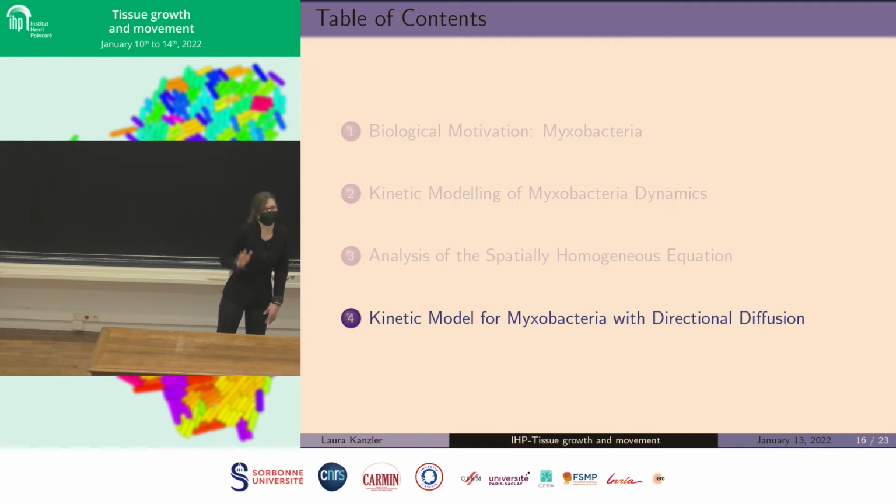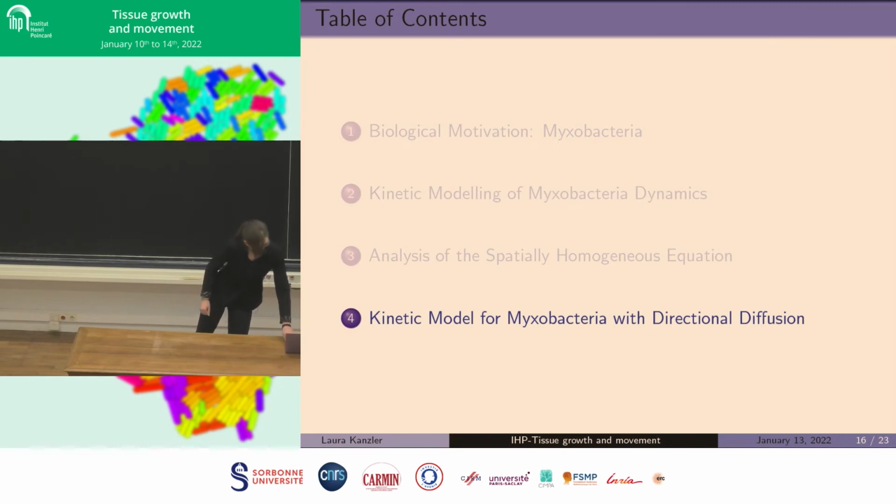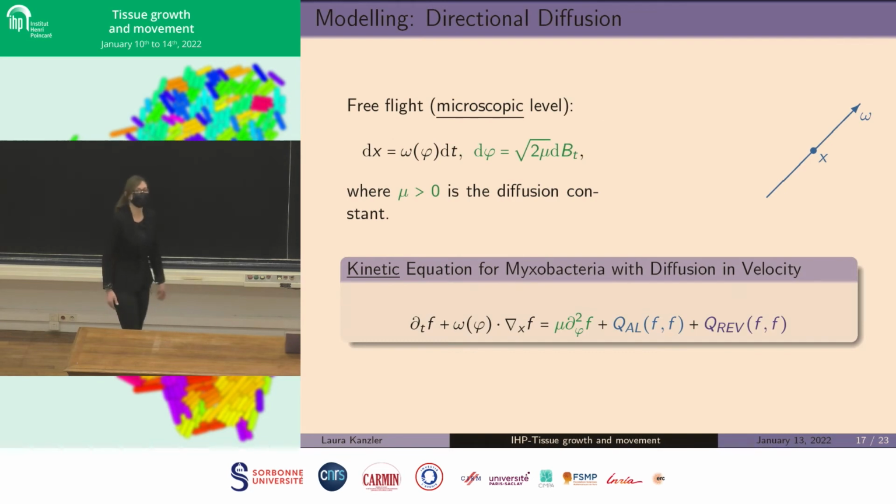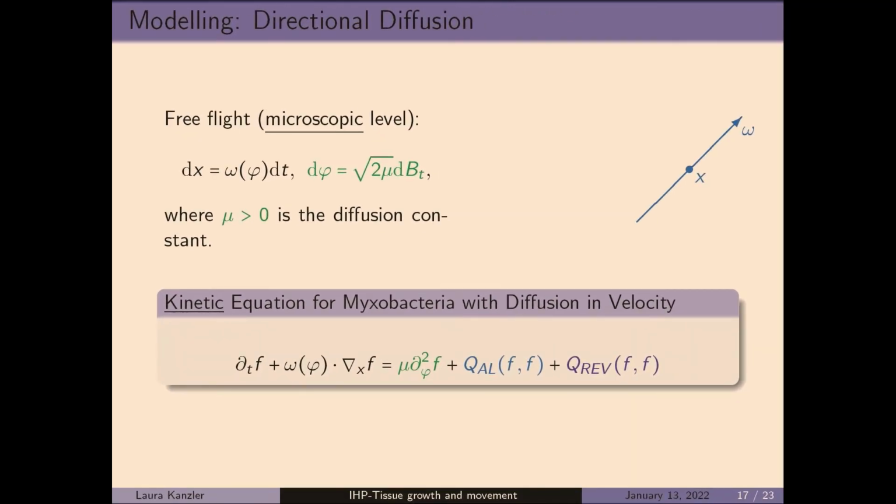Depending on how much time I have, sorry, because of this inconvenience, I'm not really sure, but I will just quickly say something about it. We also considered the model with additional directional diffusion. Meaning, if we go back to the individual-based dynamics, a bacterium in its free flight phase still changes position according to its velocity, but now the velocity is not constant; the bacterium pivots a bit around.